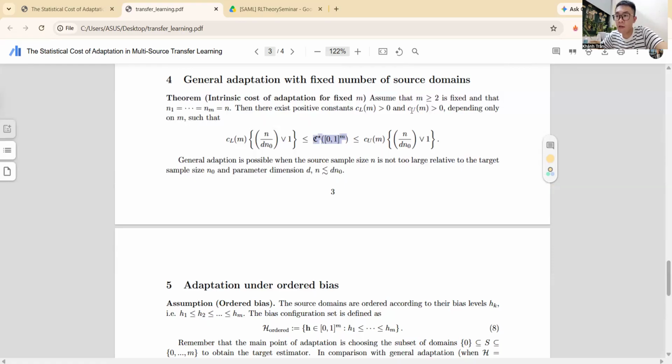So the CL and CU are constants. That one is bounded because the n scales with the n zero.